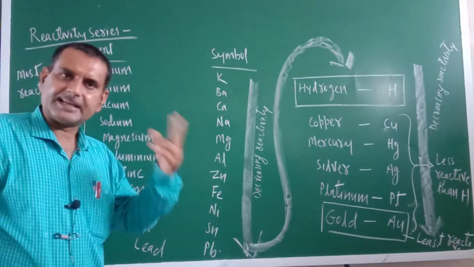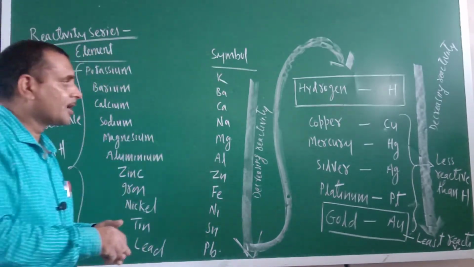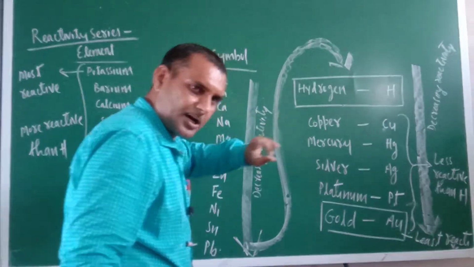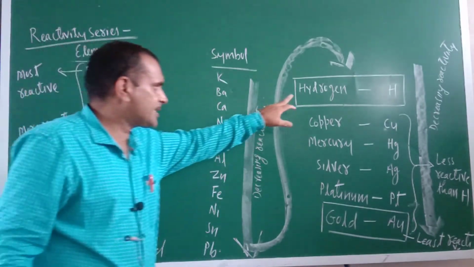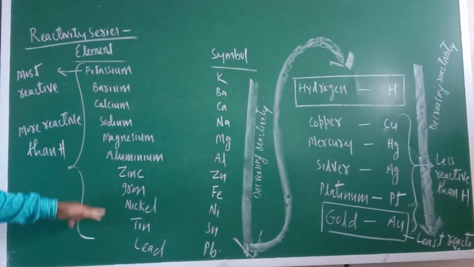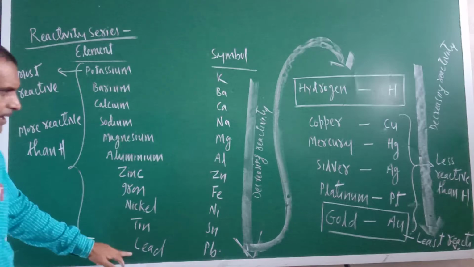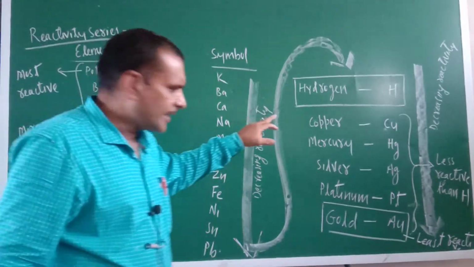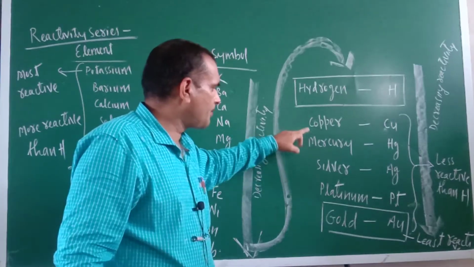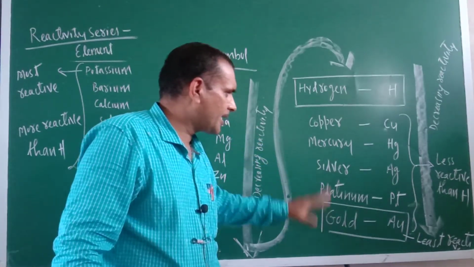Second thing, just see. Here is hydrogen. There are two categories of metals: those placed above the hydrogen, potassium to lead, and those placed below the hydrogen: copper, mercury, silver, platinum and gold.